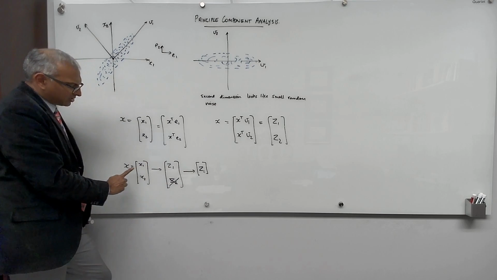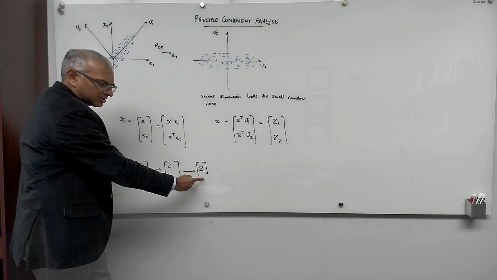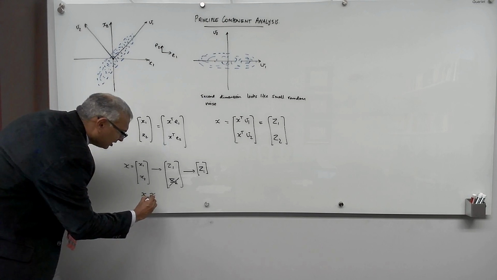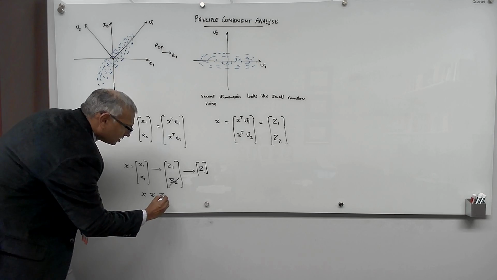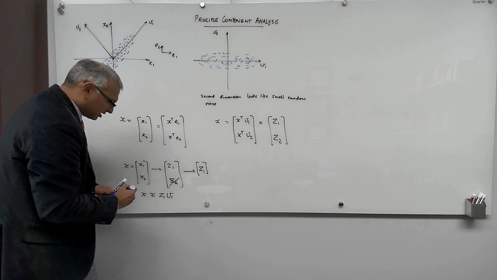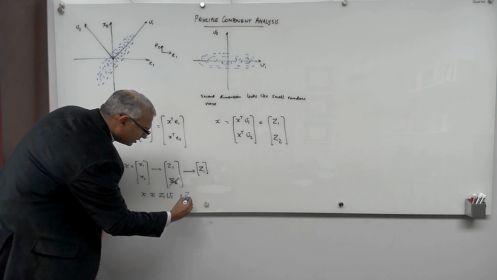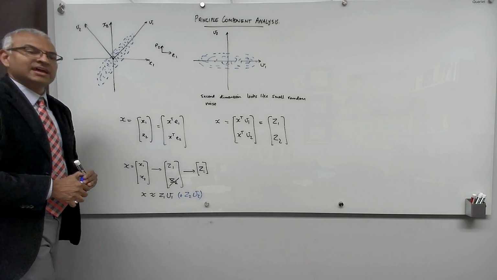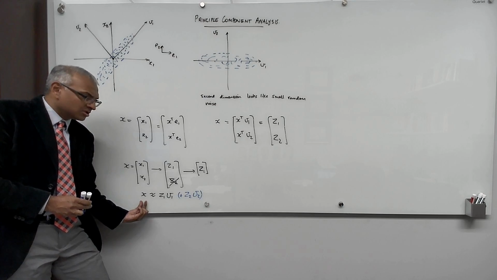I can no longer reconstruct x from z. I can say that x is approximately equal to z1 times v1, but the term that I've left out, plus z2 v2. So this is the term that I've left out. But the idea is that it's still a good approximation to x.